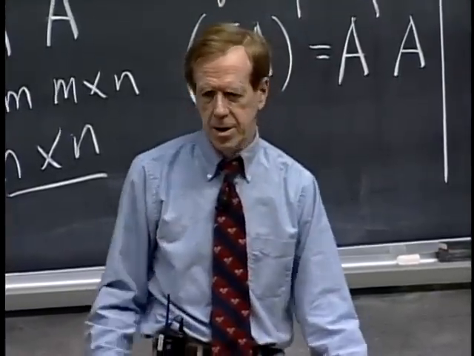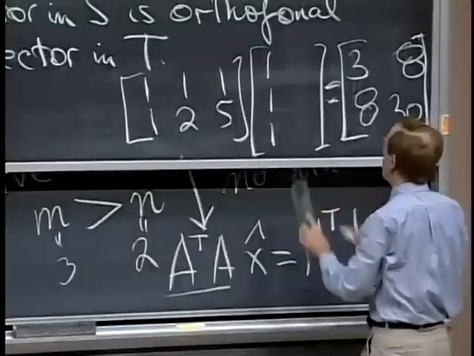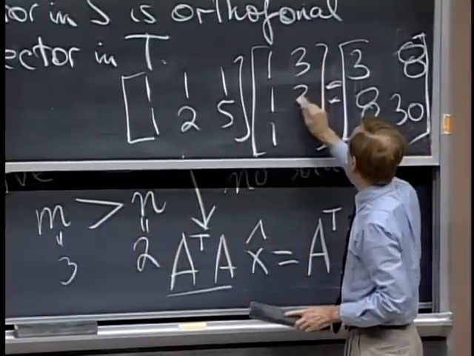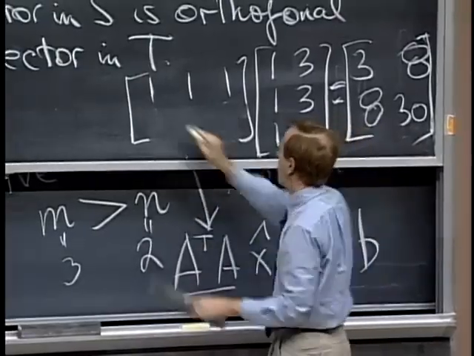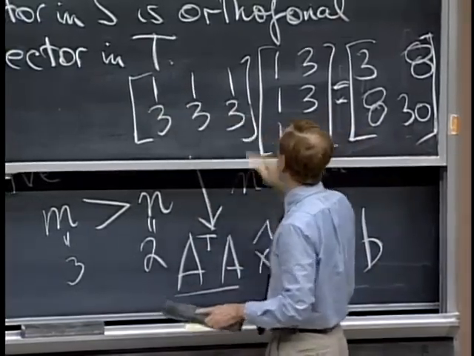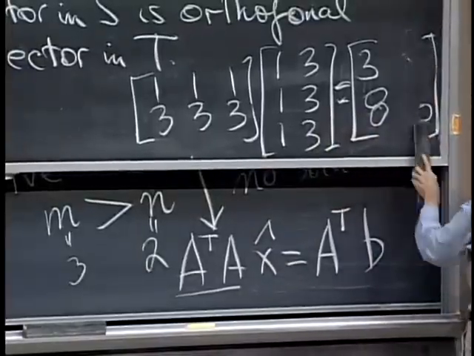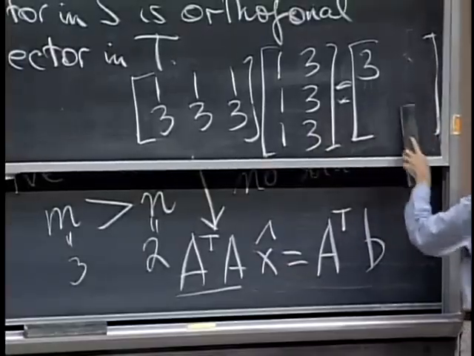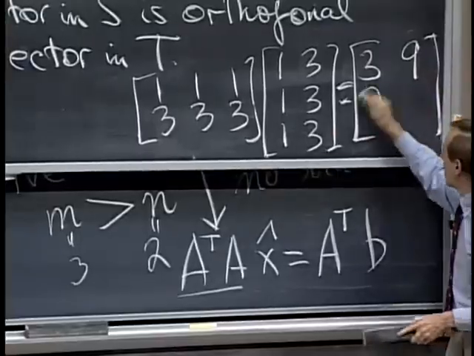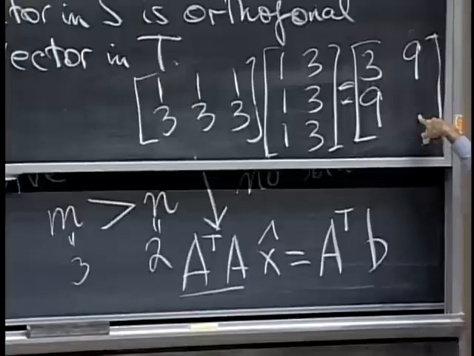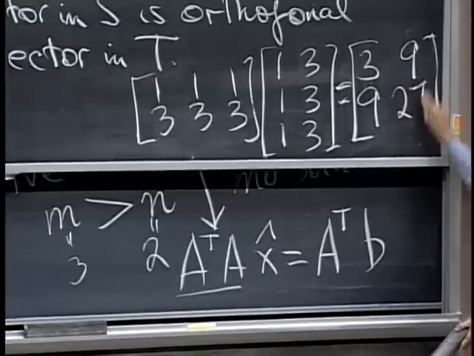That's an extreme case. Suppose I change to that A. Now I figure out A transpose A again, and what do I get? I get 9, of course, and here I get, what's that entry? 27.